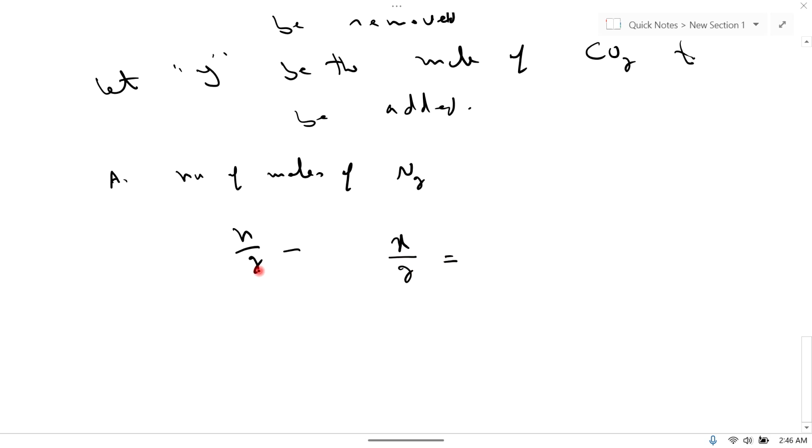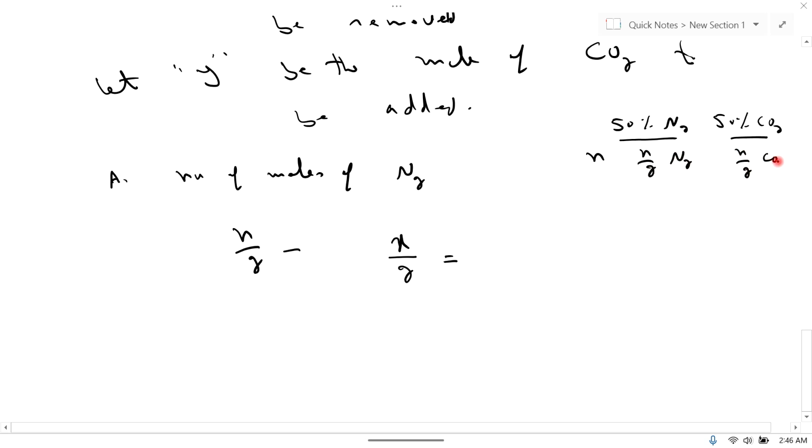Initially there is 50% nitrogen and 50% carbon dioxide. So if the number of moles is n, it means n by 2 nitrogen and n by 2 carbon dioxide. So this is the total nitrogen, and we will remove 0.5x.